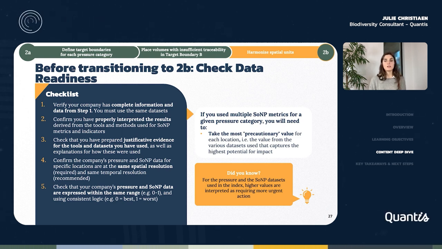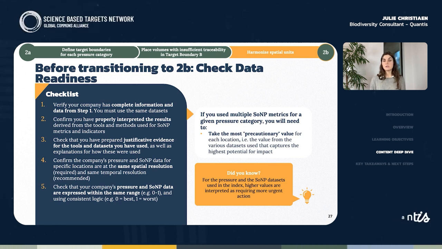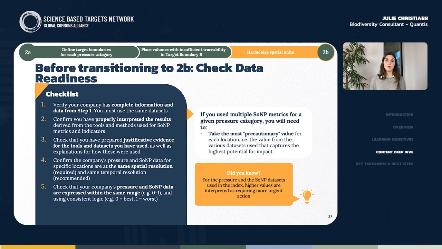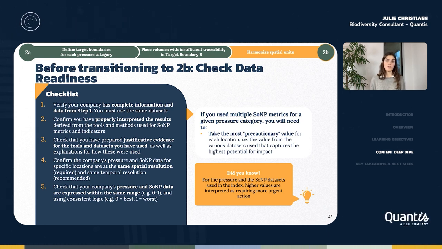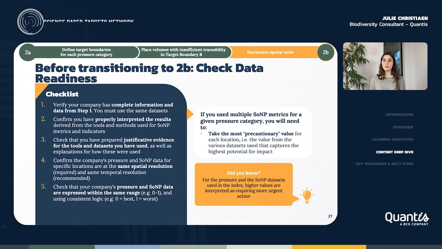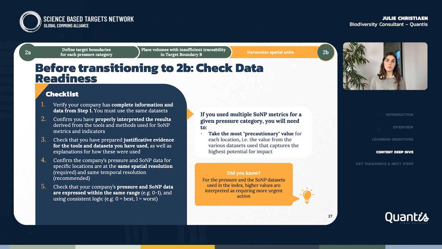Finally, you must check that your company's pressure and state of nature data are expressed within the same range, that is between 0 and 1, and using the same consistent logic. So that 0, for instance, is that the ecosystem is intact with no action needed, and that 1 means that you need immediate action with little or no ecosystem that's left intact.